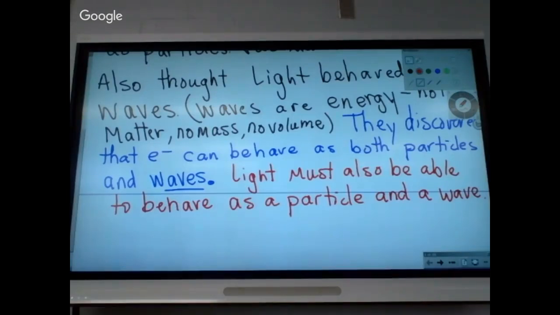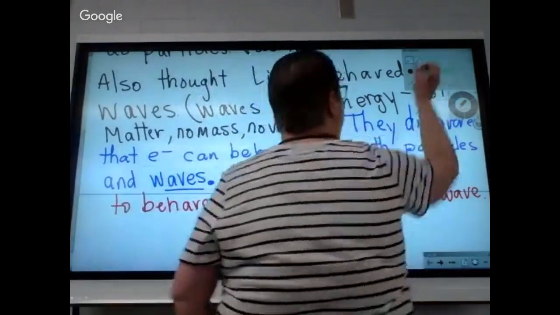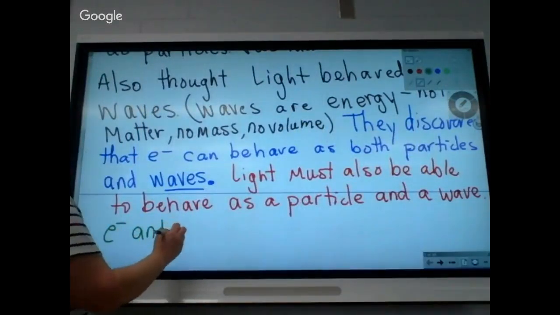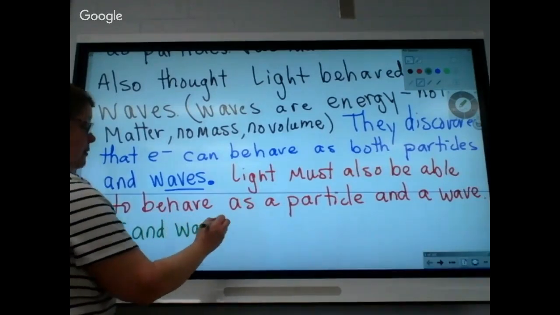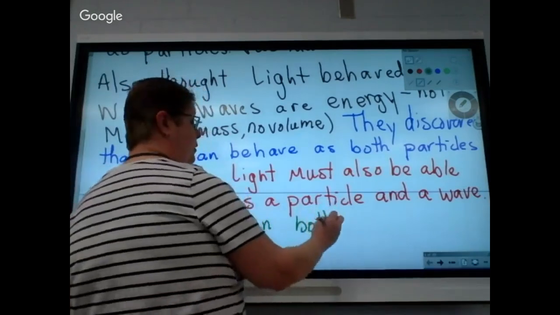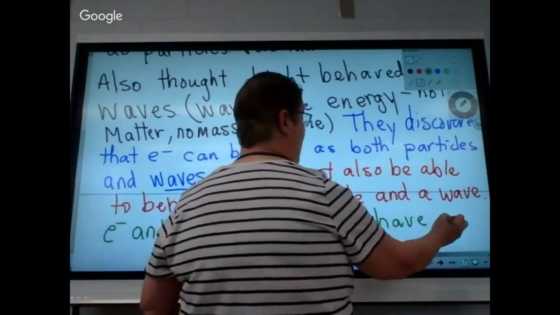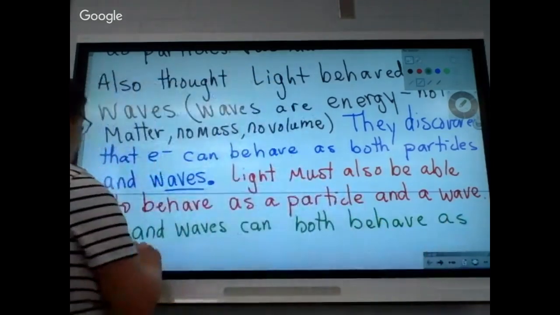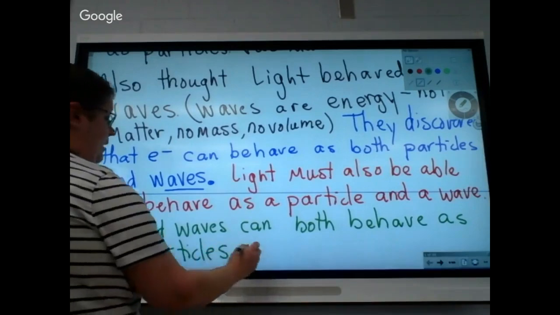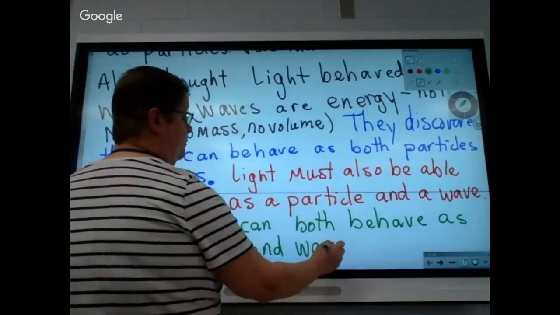All right. So basically, scientists are saying that electrons and light can both behave as particles and waves.